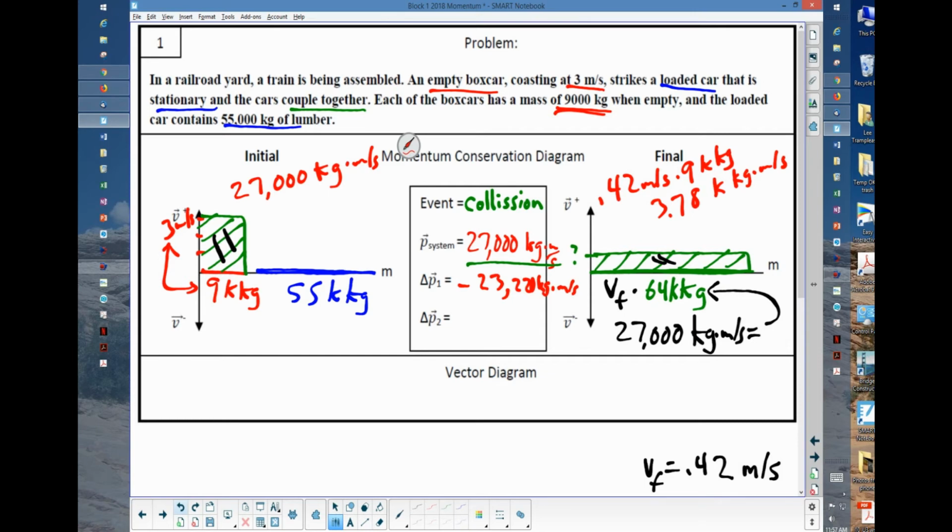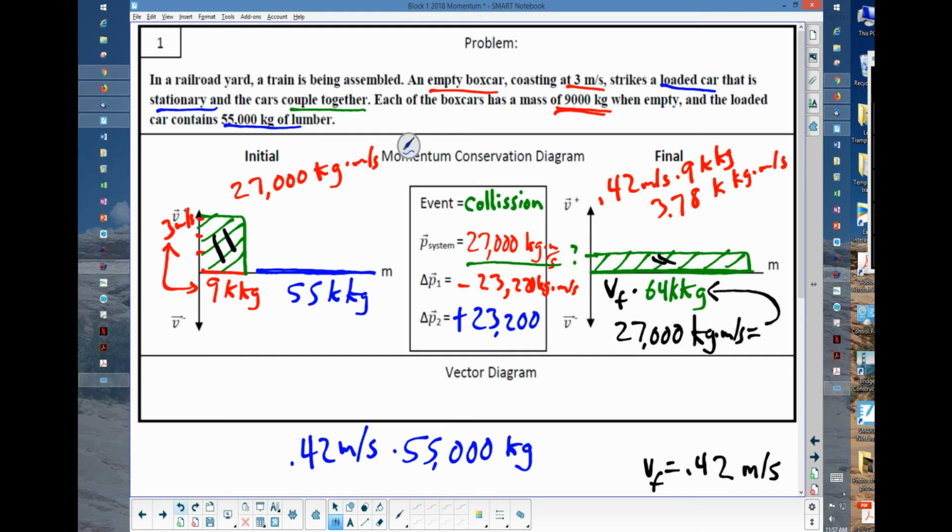So it lost 23,000. How much did the other car gain? It should be the same. Let's make that in blue. And we can check that if we take our 0.42 meters per second times our 55,000 kilograms.